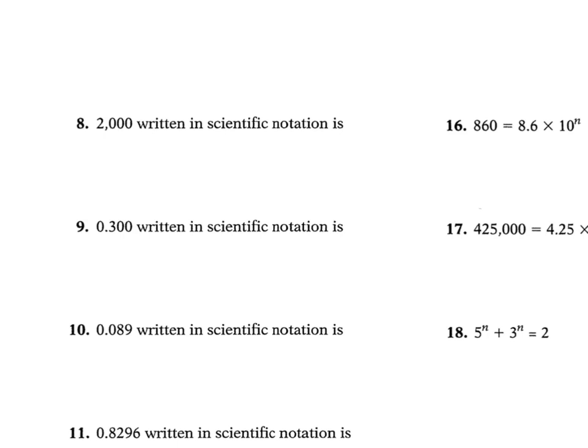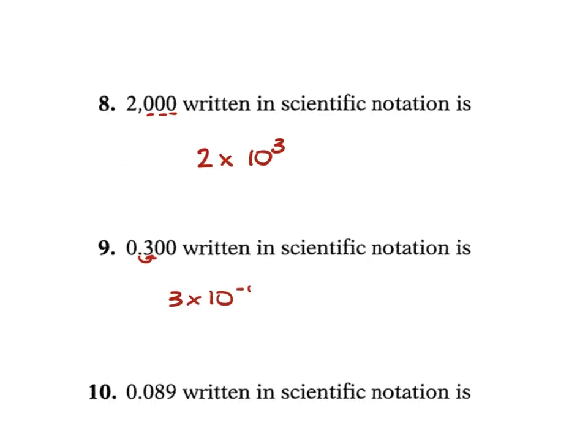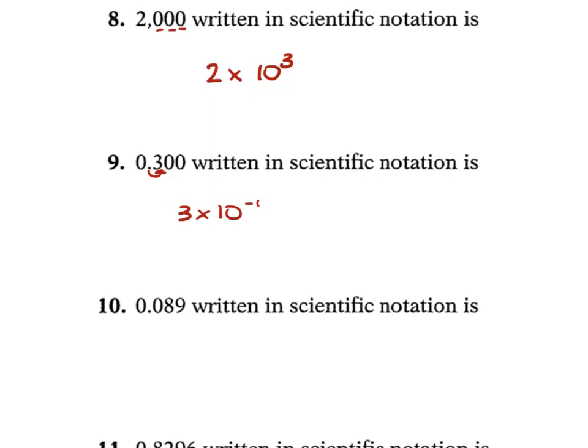For 8, we have 2,000 written as scientific notation, so this is just 2 times 10 to the 3rd power. 1, 2, 3. 0.300 written in scientific notation is just 3 times 10 to the negative first. 0.89 written in scientific notation, 1, 2, so it's 8.9 times 10 to the negative second.